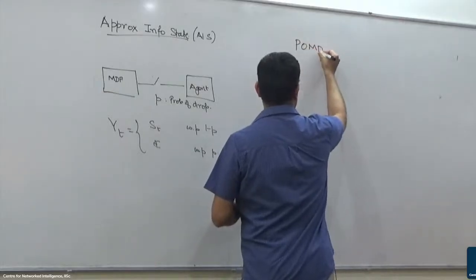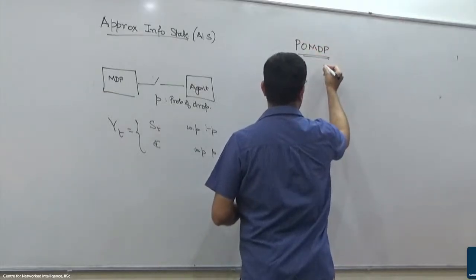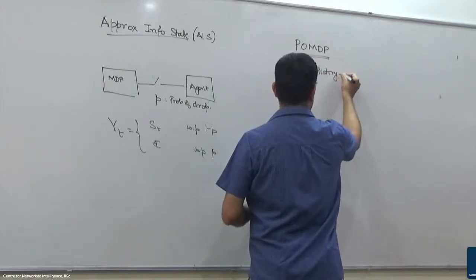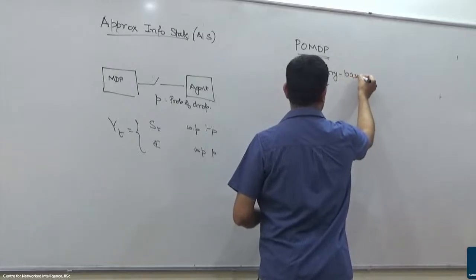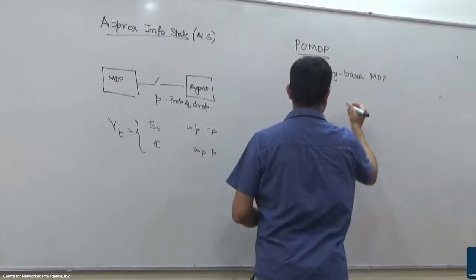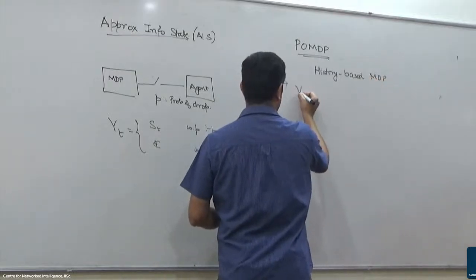POMDP, and I'll consider this in the general history-based setting. We had a dynamic program which I'll call the history-based MDP or history-based dynamic program, which you recall was this object, right?